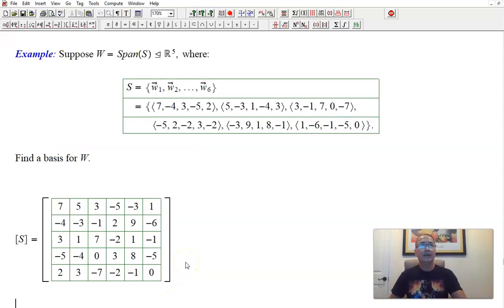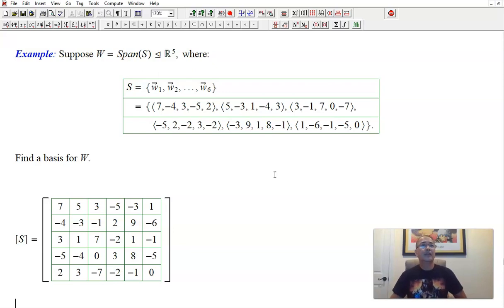All right, so now let's apply the minimizing theorem. Suppose W is a subspace of R5, and it's given as the span of a set of vectors S, where S has 6 vectors. Ooh, that's a lot of vectors. So here are the 6 vectors making up S, and if those vectors look familiar, we used this example in section 2.1.